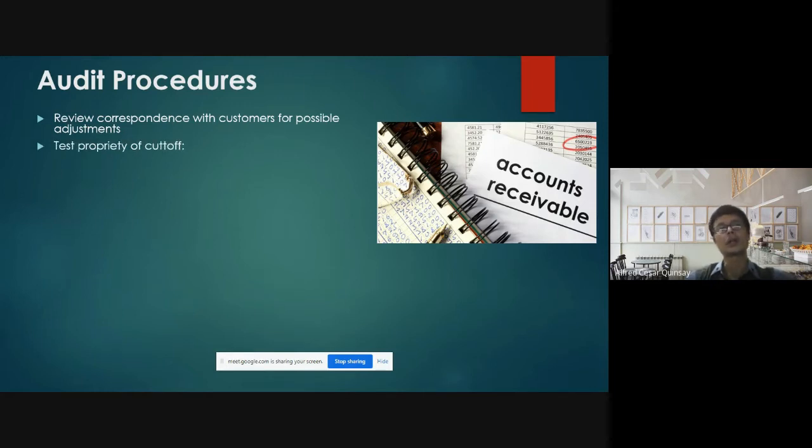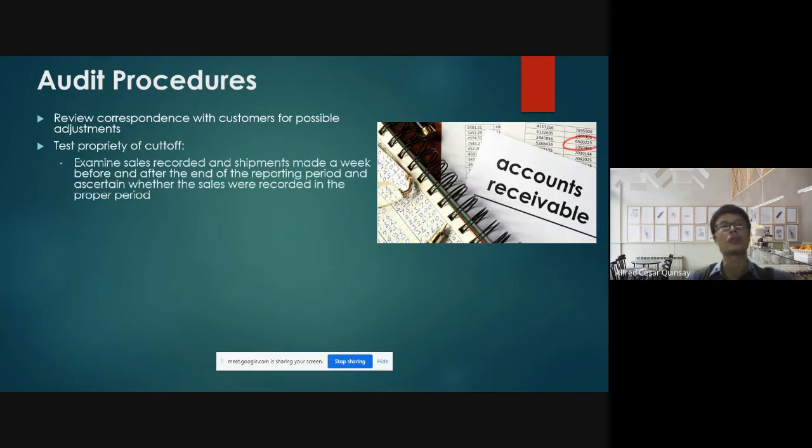Test propriety of the cut-off. First, examine sales recorded and shipments made the week before and after the end of the reporting period, and ascertain whether the sales were recorded in the proper period. So this is the assertion, cut-off, and completeness.